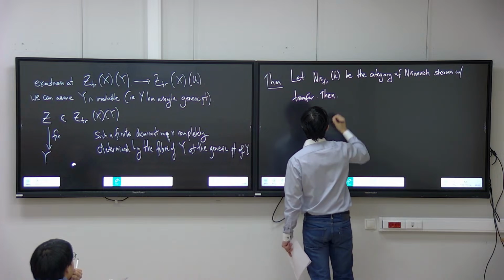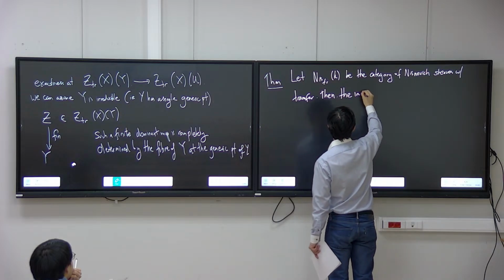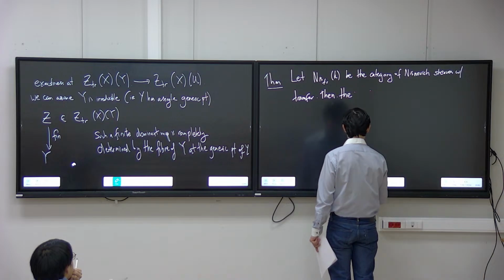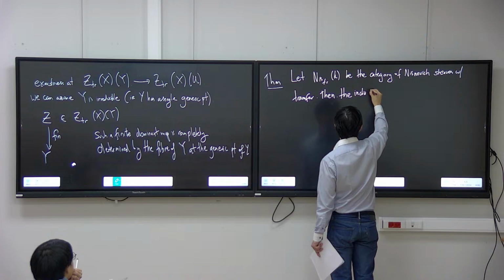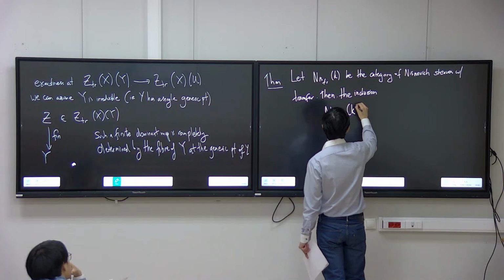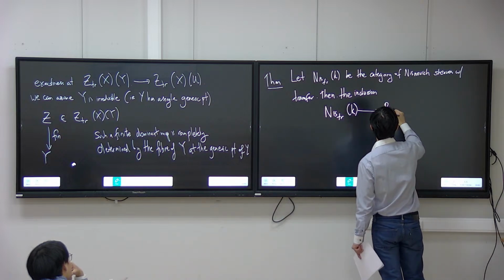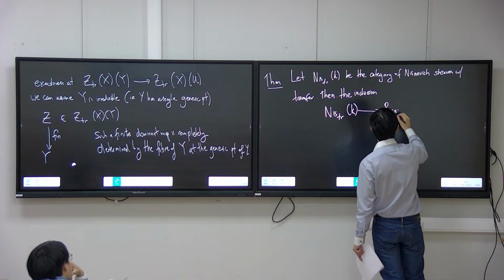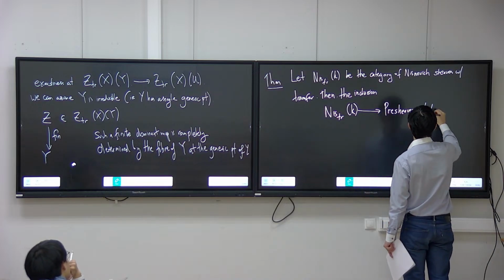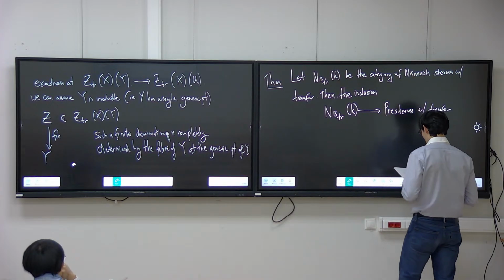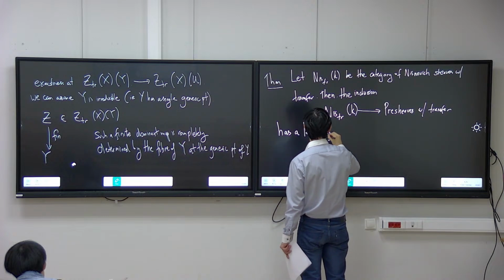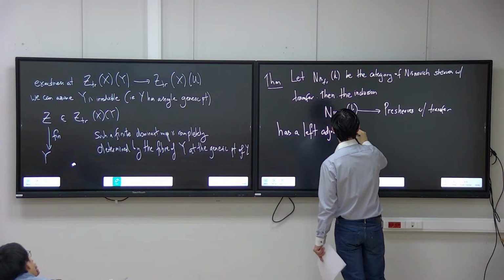Then the inclusion of Nisnevich sheaves with transfer to presheaves with transfer has a left adjoint which is exact.